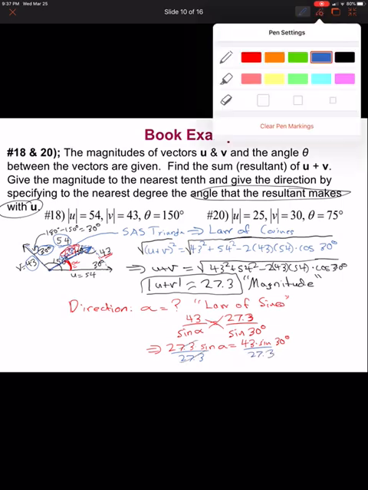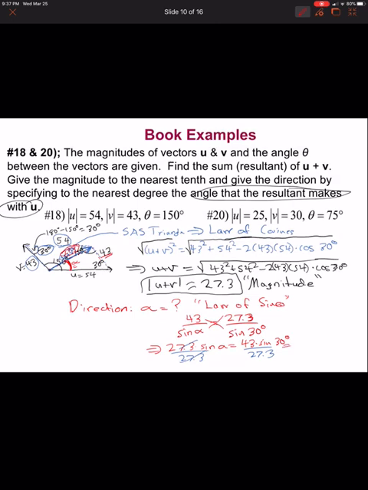Now we've got the sine of alpha equal to 43 times the sine of 30 degrees divided by 27.3. That's the sine of alpha. We need alpha, so what are we going to use? Inverses. Sine inverse of 43 times the sine of 30, divided by 27.3.